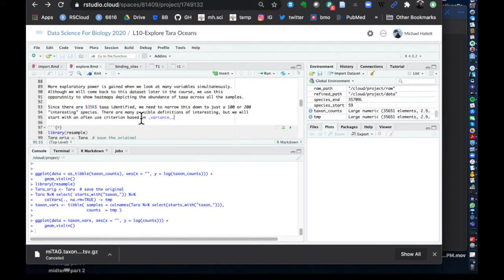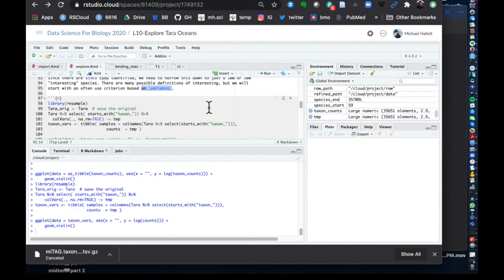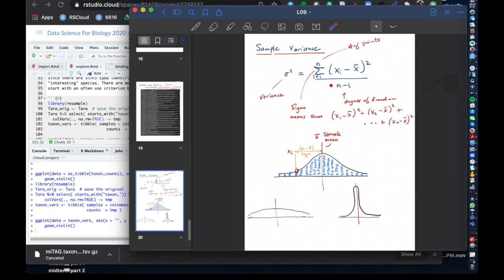And that's based on this measure of sample variance. I put a link to a YouTube video explaining sample variance in the required reading. It's quite straightforward. And I also have a slide here of what the sample variance means.